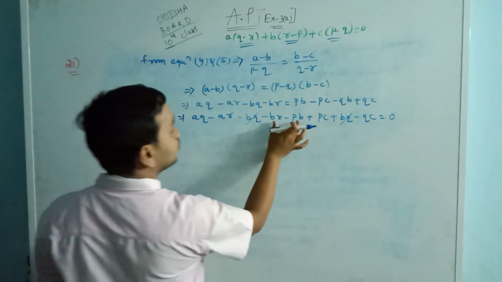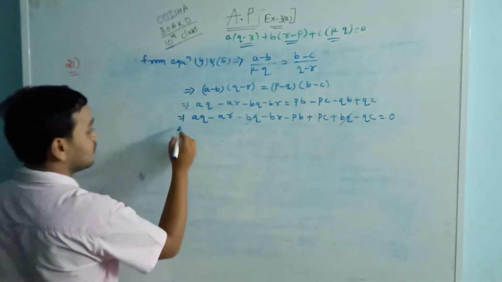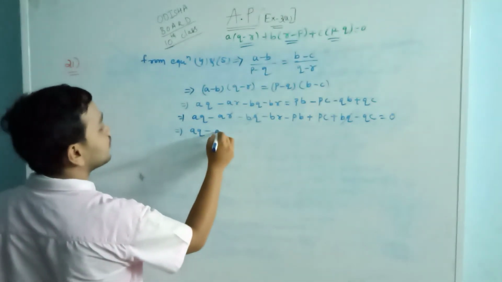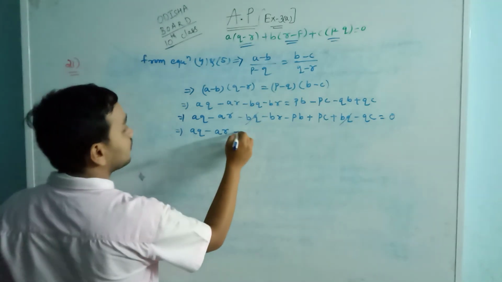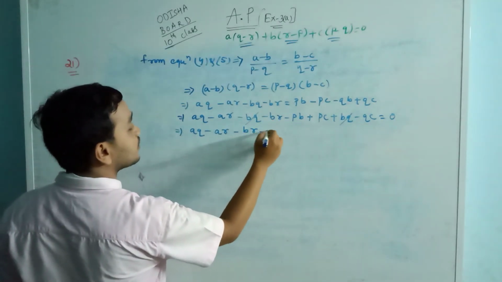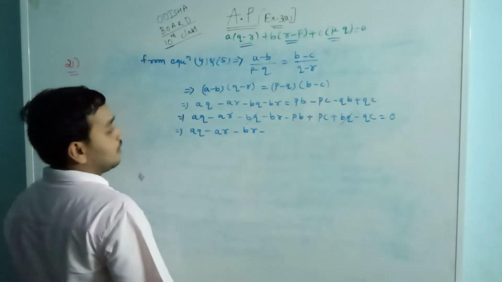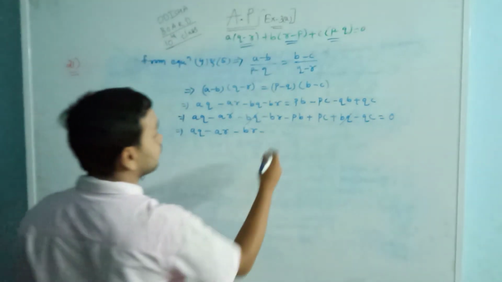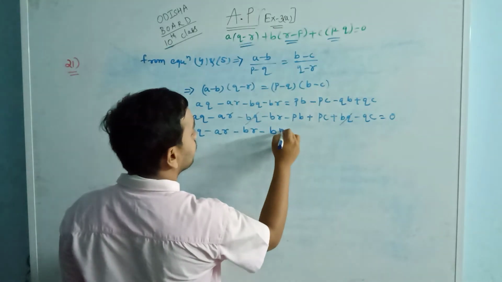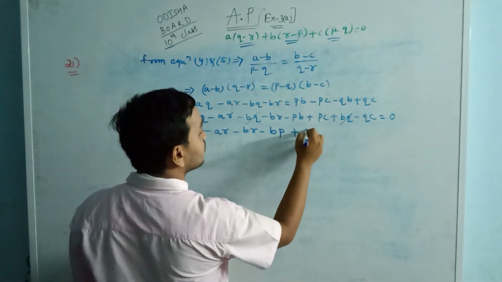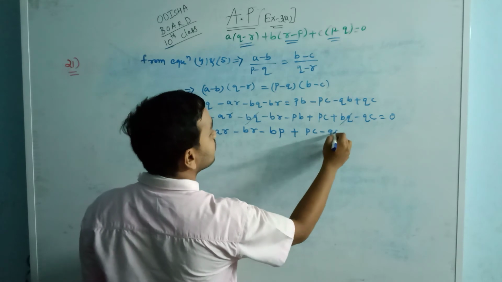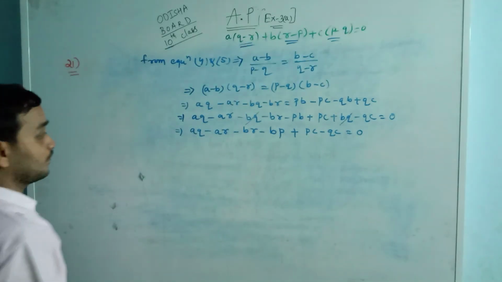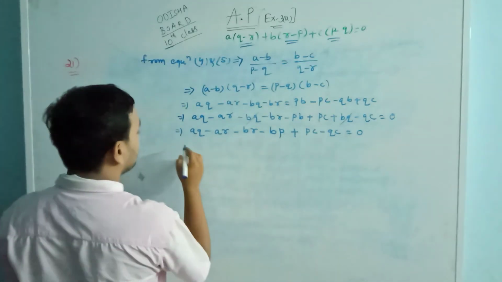Okay, now aq minus ar minus br minus pb, bp plus pc minus qc is equal to 0. Okay, now solve this.